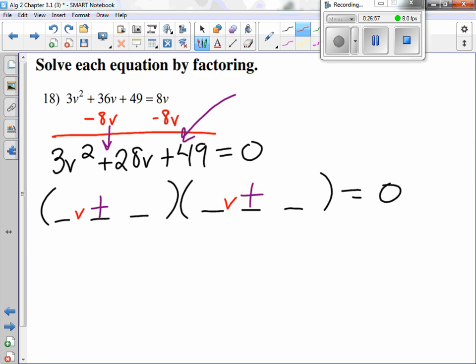We're going to have v and v, yes? Because that's the only way we get v squared is v times v. The factors of 3 are, well, 3 and 1, yes? We good with this here so far? 49 is 1 and 49, or 7 and 7. What do we think it's going to be?